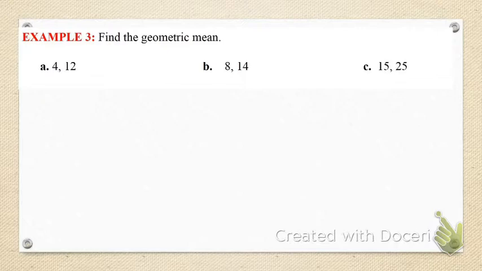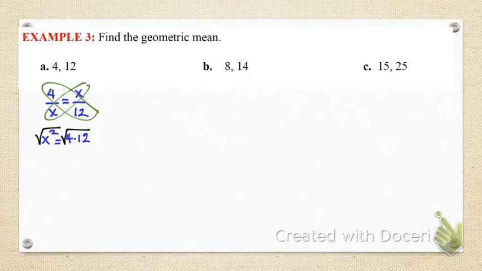To find the geometric mean, the best, easiest way to do it is to set up a proportion, right? So 4 and 12 are the extremes, and then x is your mean. So 4 is the smallest number, 12 is the biggest number. Your x, your mean, is in the middle. If you cross multiply, you get 4 times 12 equals x squared.